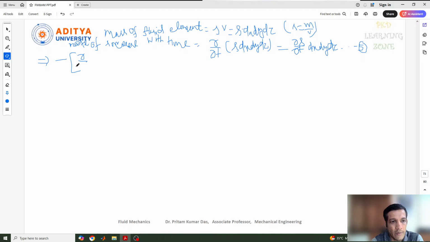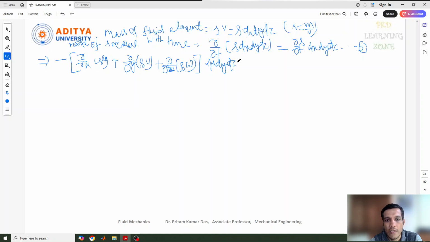Now compare or equalize equations 4 and 5. What we got previously is del by del x of rho u, plus del by del y of rho v, plus del by del z of rho w, all multiplied by dx dy dz on one side. This equals the rate of increase of mass of the fluid element with respect to time, that is del rho by del t times dx dy dz.